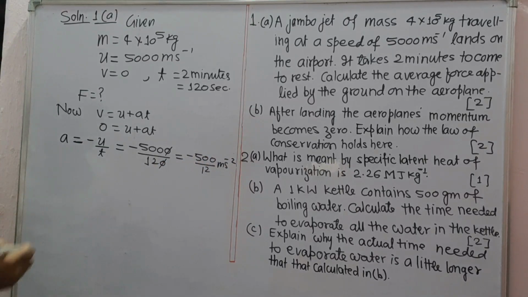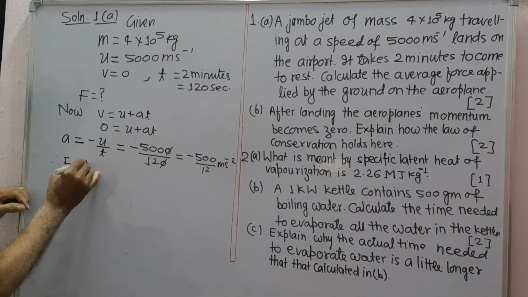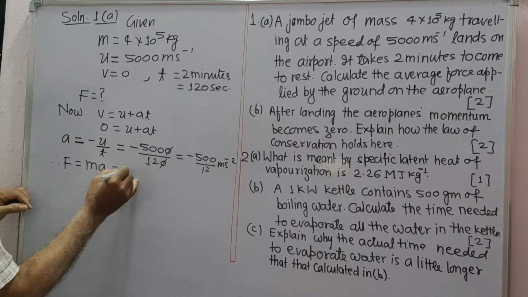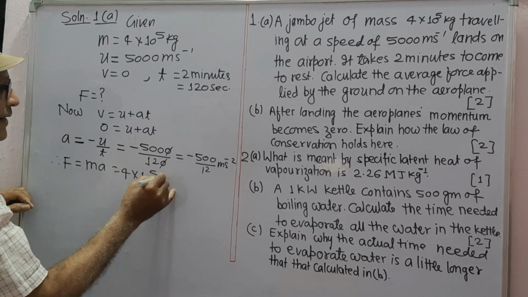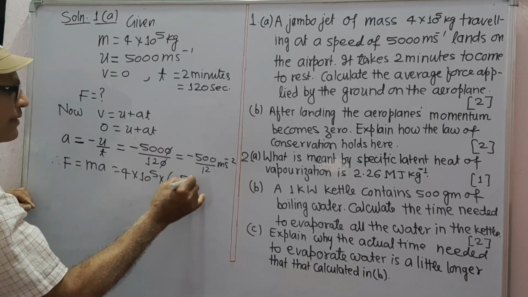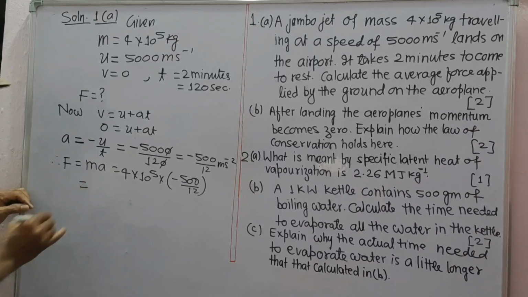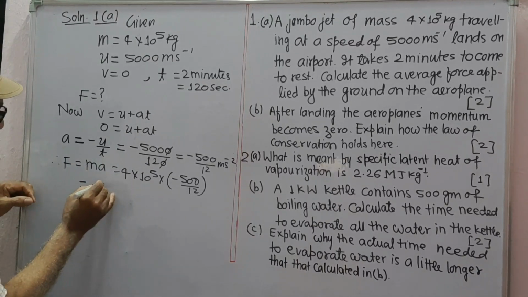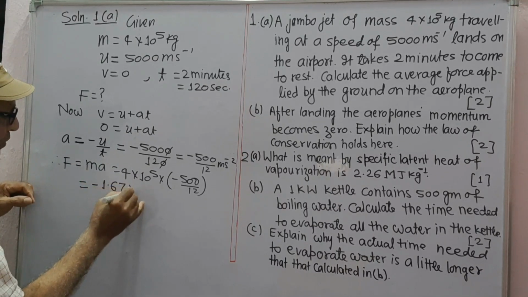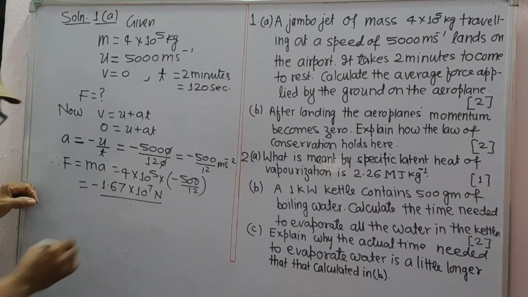Minus indicates retardation. Therefore, average force will be F is equal to M into A. M is 4 into 10 to power 5 and A is minus 500 upon 12, which gives the average force as minus 1.67 into 10 to power 7 Newton.